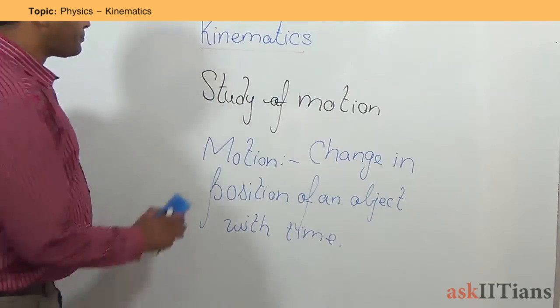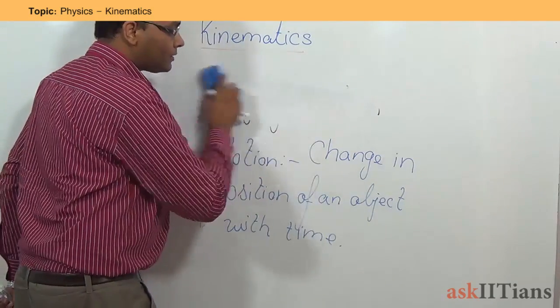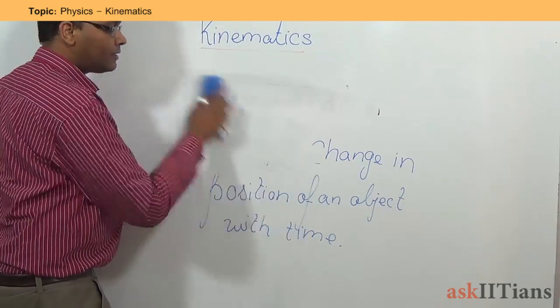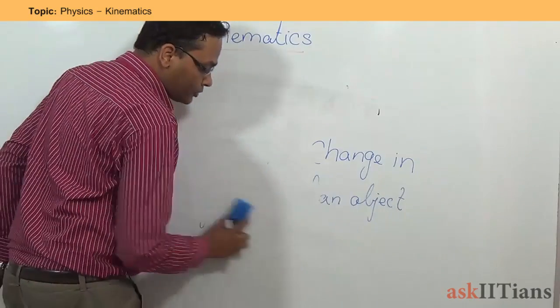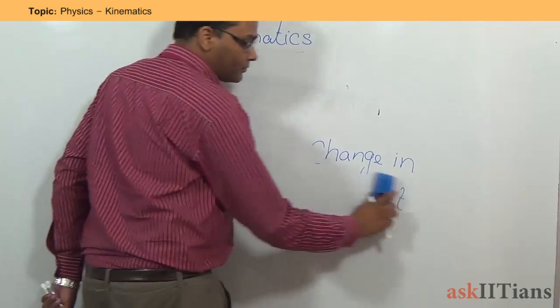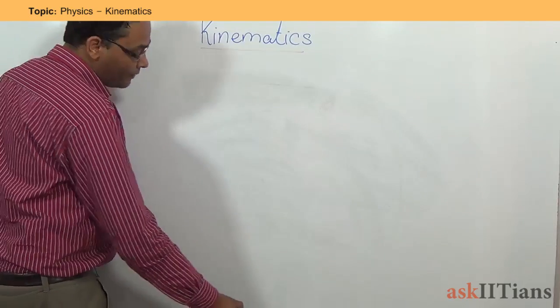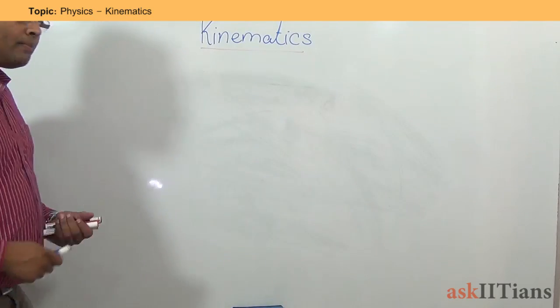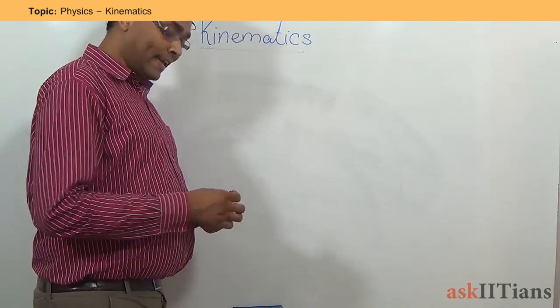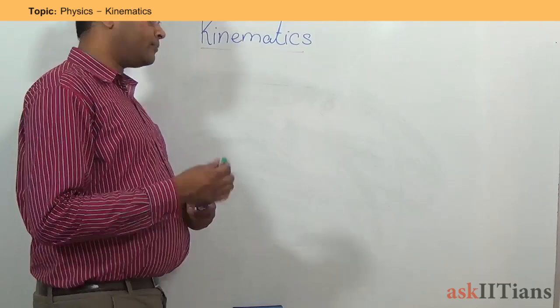The basics of it we have already done in the first chapter, when we understood the difference between a physical quantity, a scalar quantity and a vector quantity. So I'll be elaborating on those points again, just to reiterate.